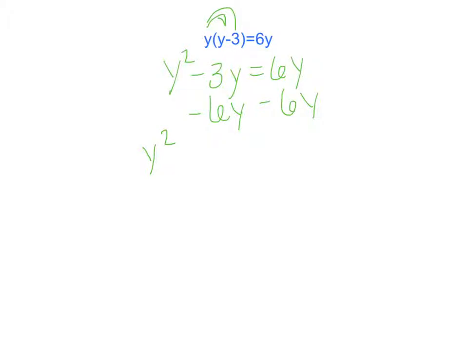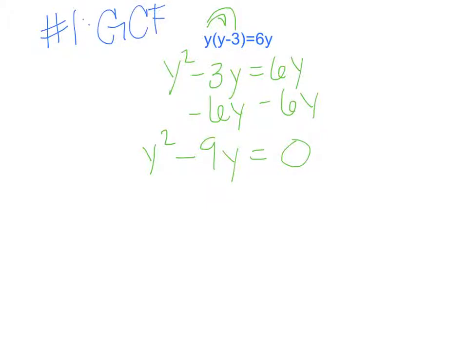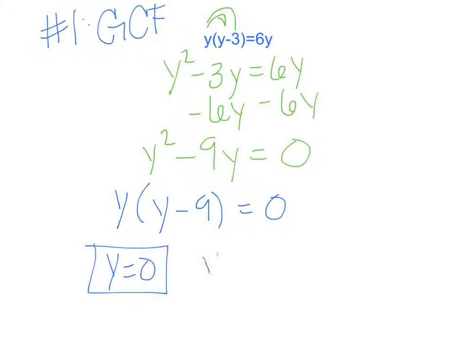Negative 3y minus 6y would equal minus 9y, and negative 6y minus 6y equals 0. Now the first step in factoring, remember, is finding your GCF. So I take out my y, I get y minus 9, equals 0, so y would equal 0, and y would equal 9. Those are my two answers.